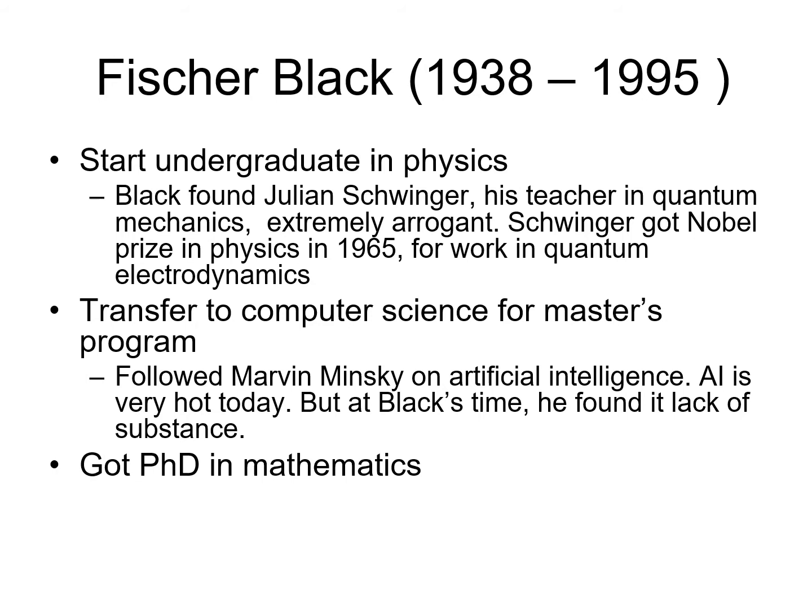In the master's program, he followed Marvin Minsky on artificial intelligence. Artificial intelligence is very hot today, but at Black's time, he found it lacked substance. So in the PhD program, he switched to mathematics and got his PhD in mathematics.